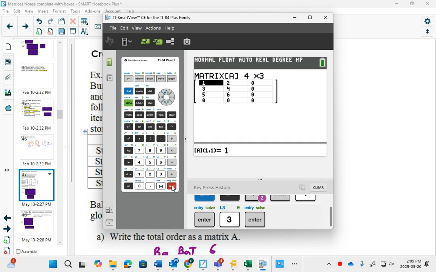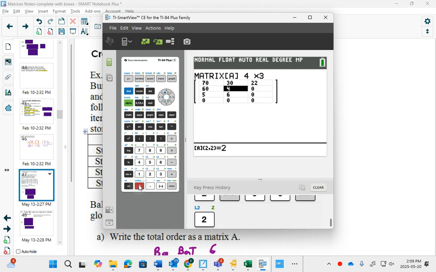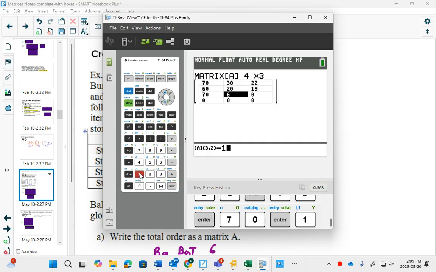And it's okay that the numbers are still there. I'm going to just type over top of them. 70, 30, 22, 60, 20, 70, 54. So I've entered all those values into matrix A.